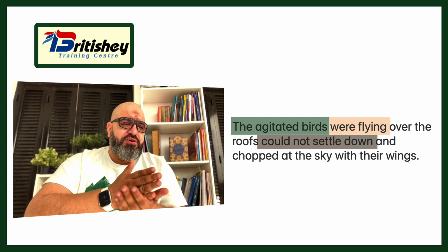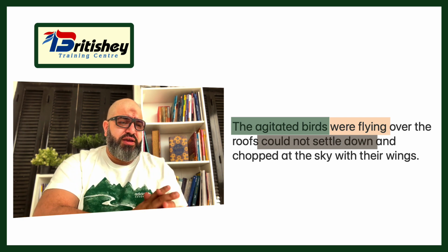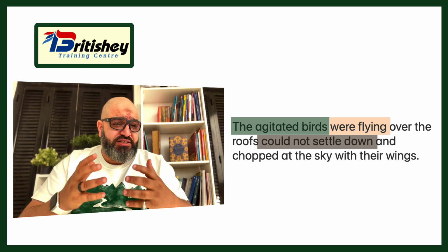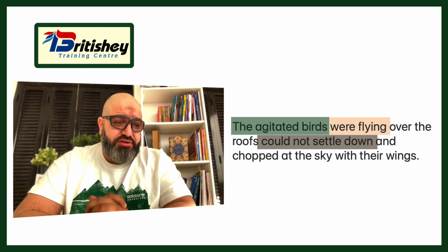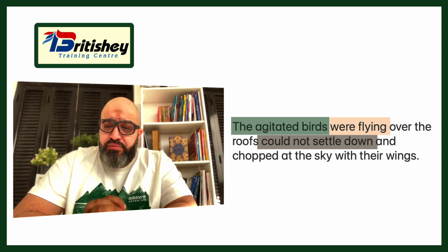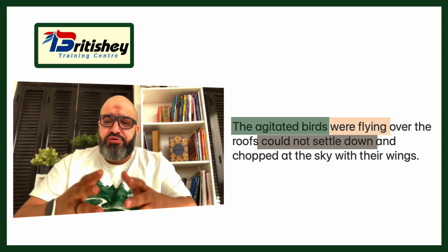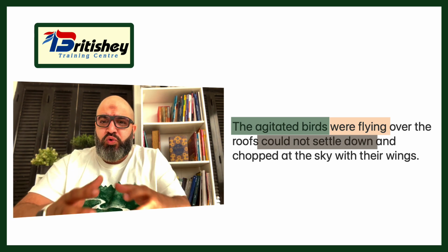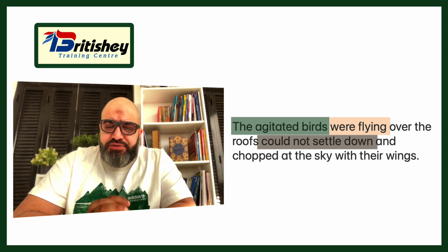And there isn't any connector between the verb were flying and the verb could not settle. You know what that means? It means that we have double verbs in a sentence, which is wrong. Because if you want to put two verbs together, then you need to put a connector like and, like when, like because, but we don't have this.